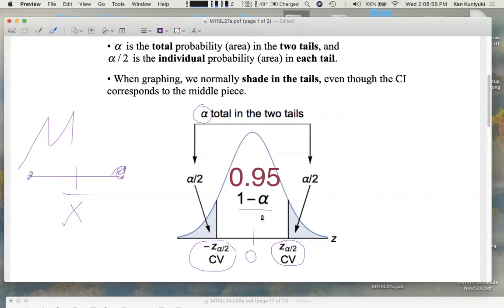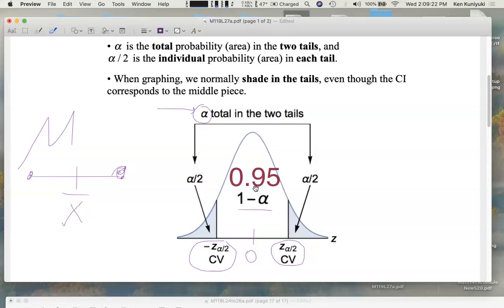Now you might be wondering, why are we labeling the confidence level this 1 minus alpha? Because alpha here, which is going to be the total tail probability, is going to have literal significance in the last part of our class. In fact, alpha is going to be called the significance level in a hypothesis test.